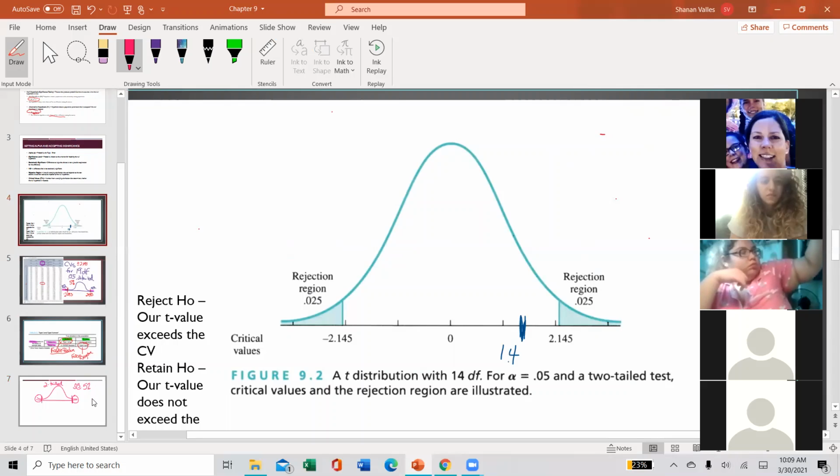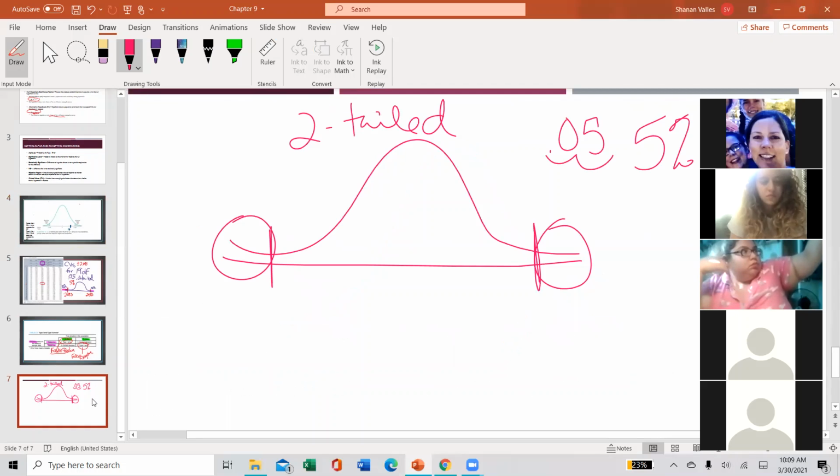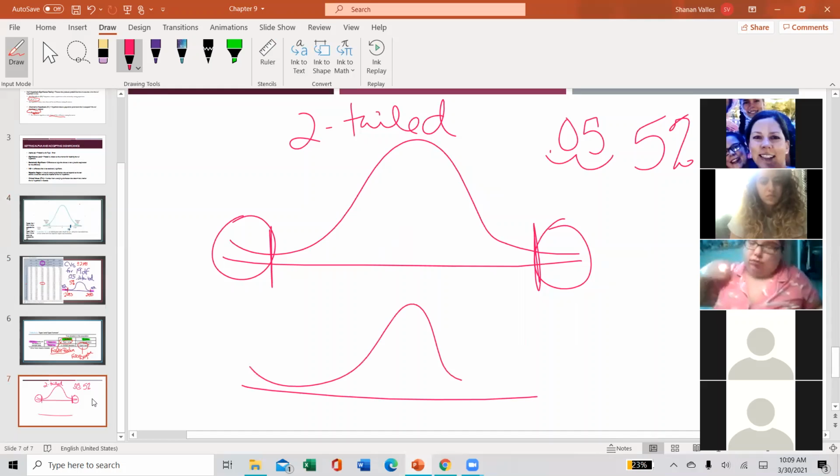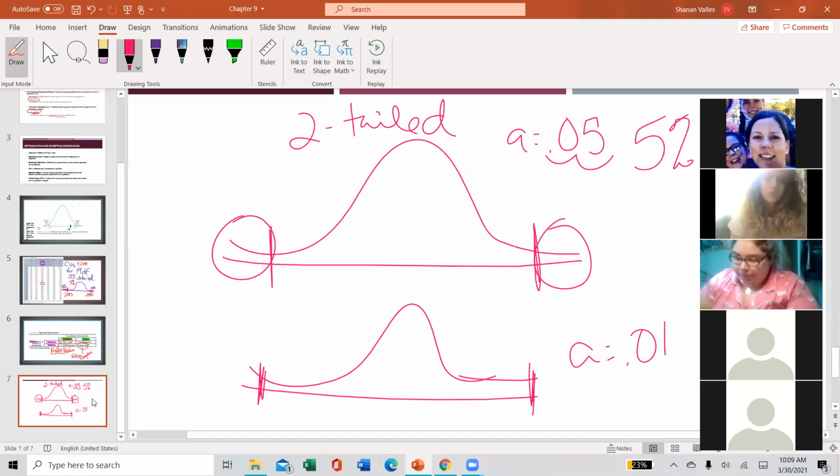And that's why we're doing that. If we went with a 0.01, right, our alpha was equal to 0.01, we'd actually be finding the extreme 1%.